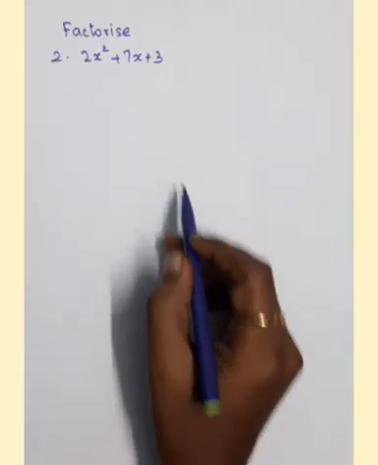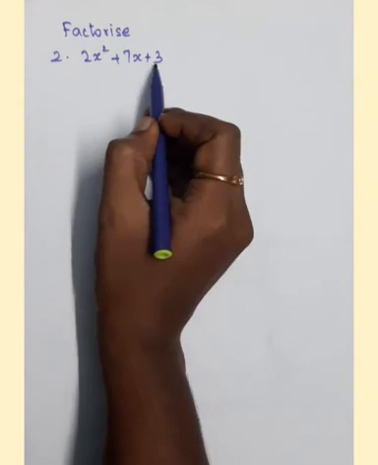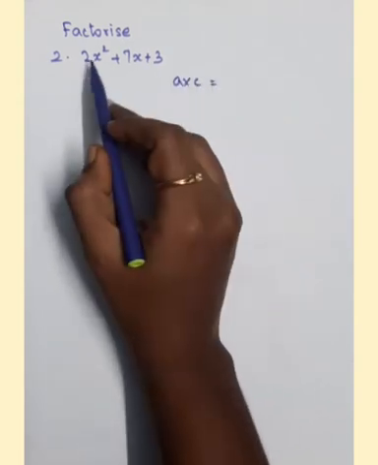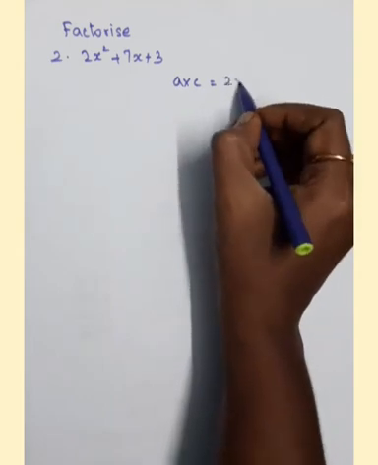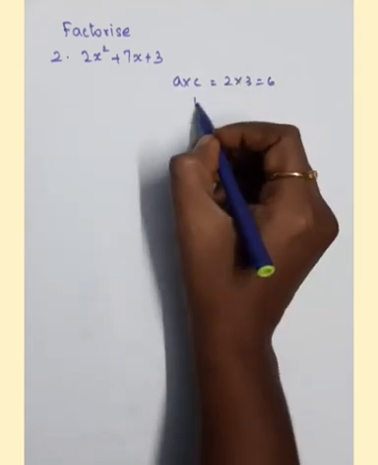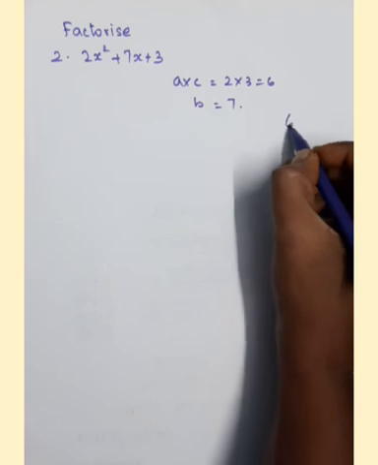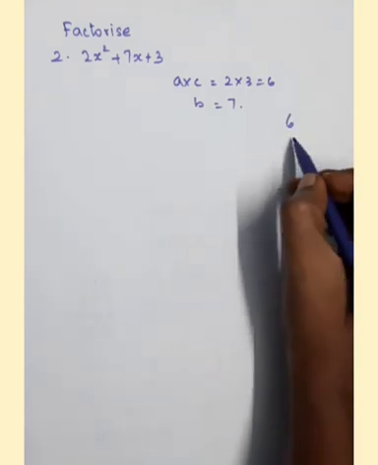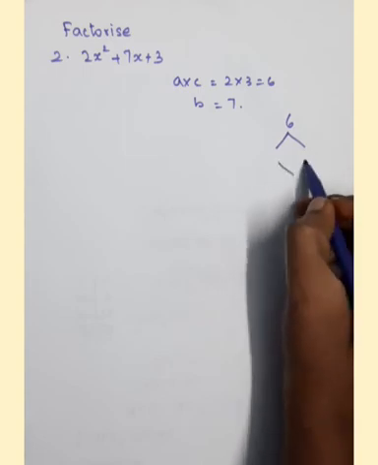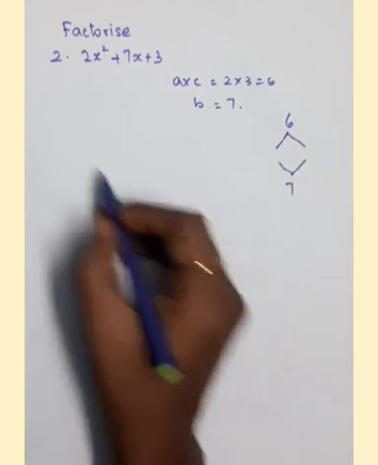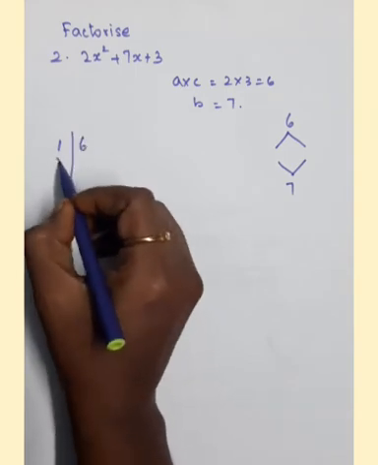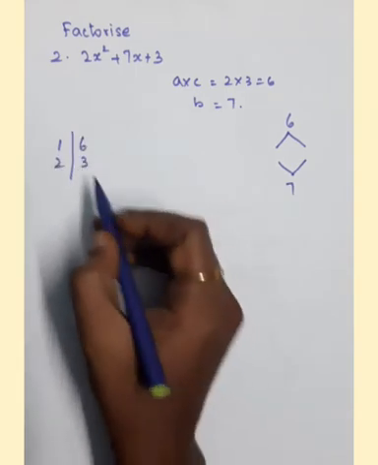The second question is 2x squared plus 7x plus 3. So a into c, that is 2 into 3, is 6 and the b term is 7. So the factors of 6, if you multiply them, you should get 6 and their sum should be 7. So the pairs will be 1, 6 and 2, 3, that's all.